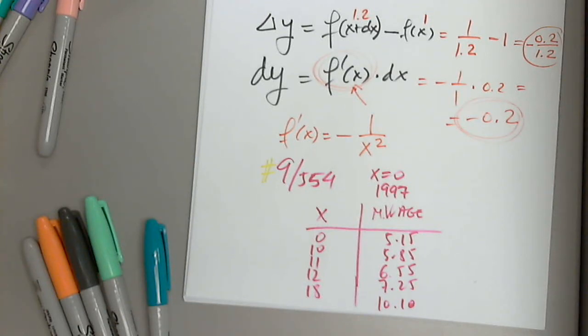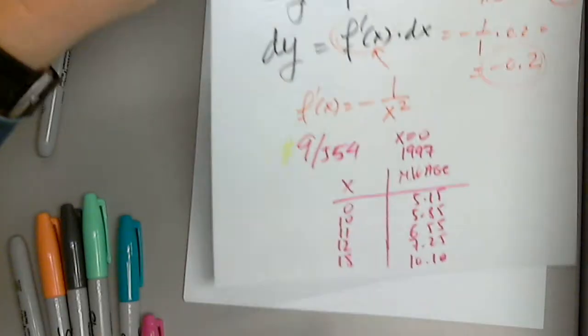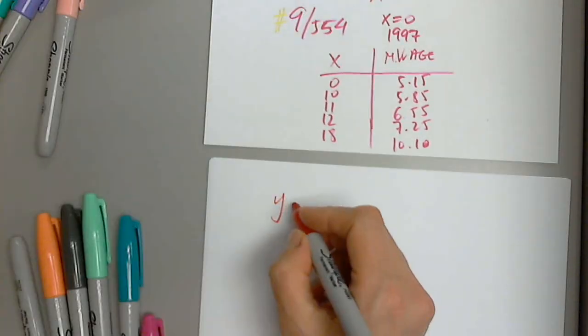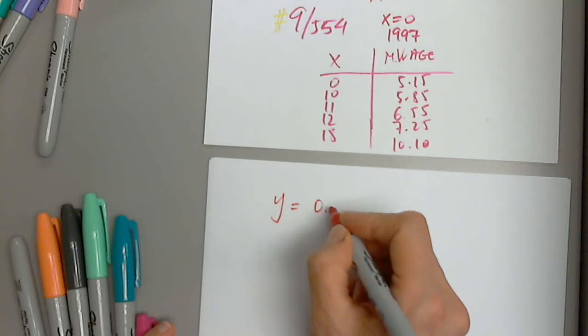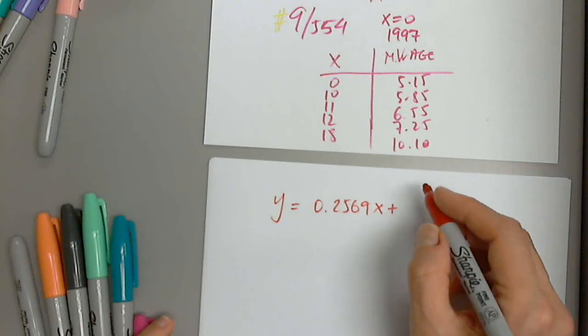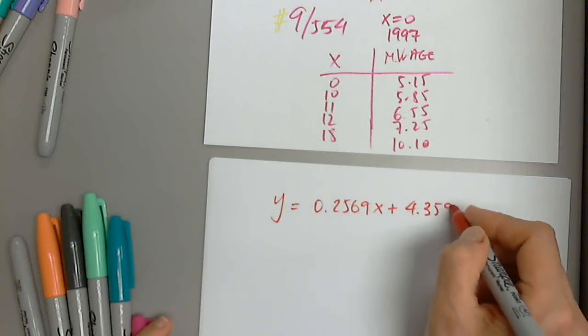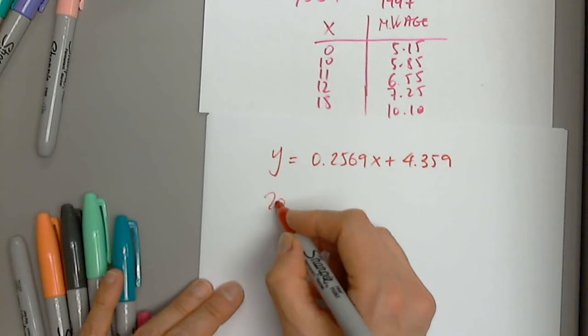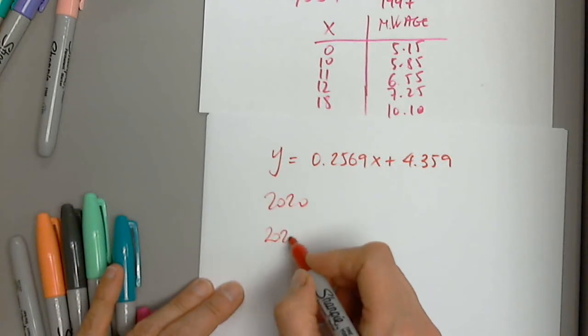And the function is 0.2569 plus 4.359. So y equals 0.2569x plus 4.359.